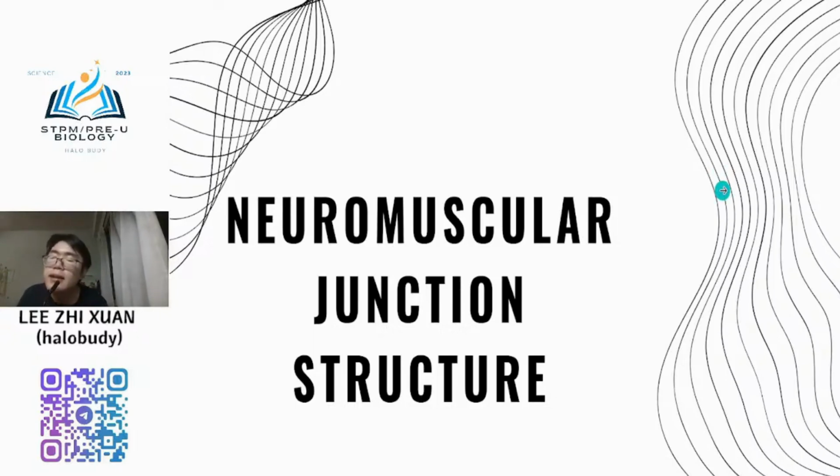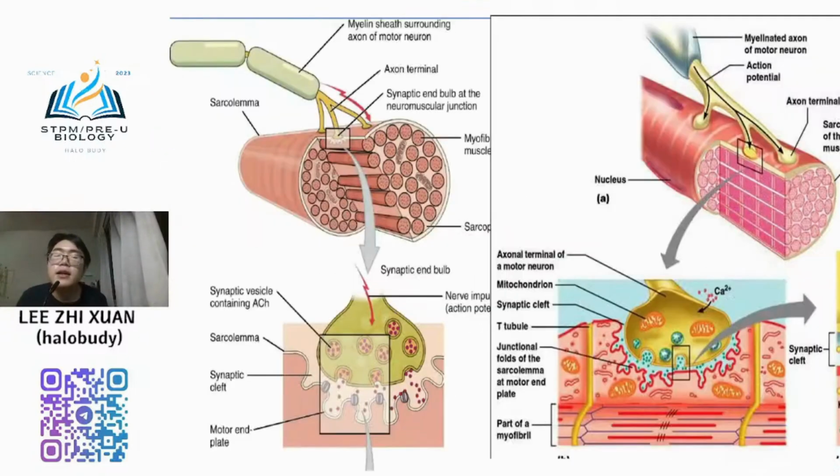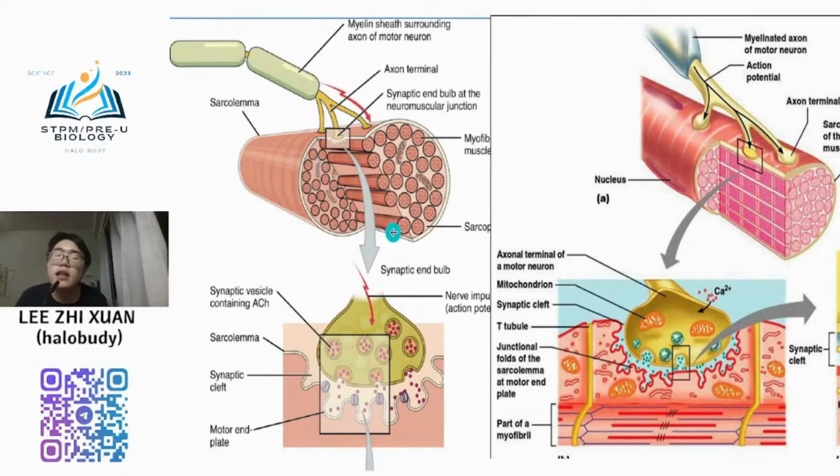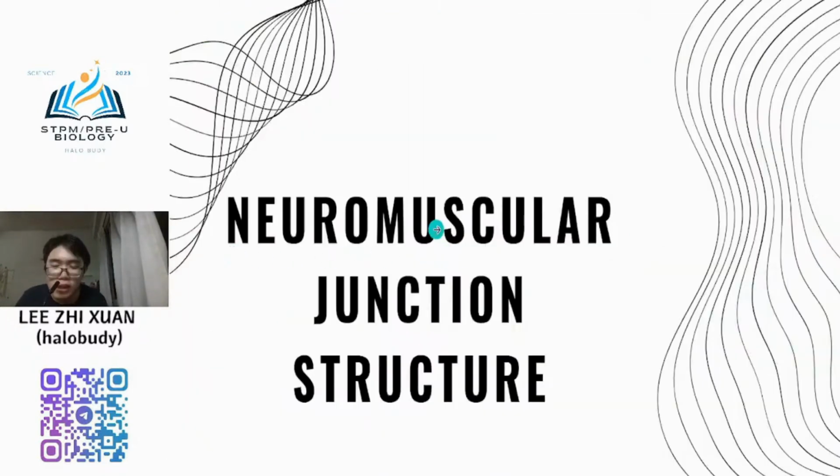But in the motor neuron, the terminal branch is connected to muscle tissue rather than neuron tissue. At that part, you are not saying that it is a synapse already. The interaction between the neuron and the muscle tissue is known as the neuromuscular junction.